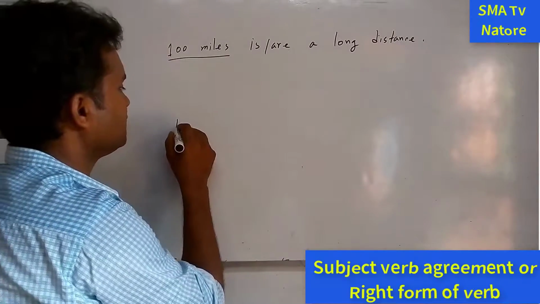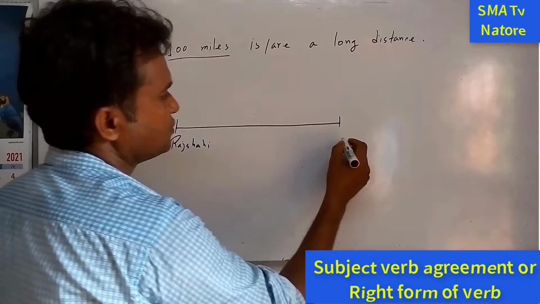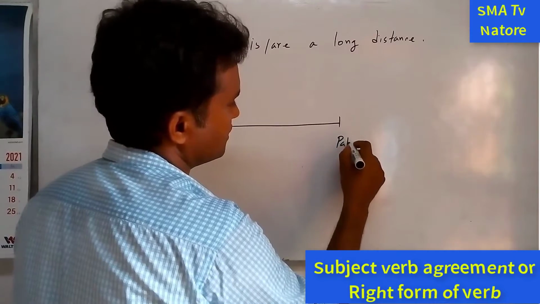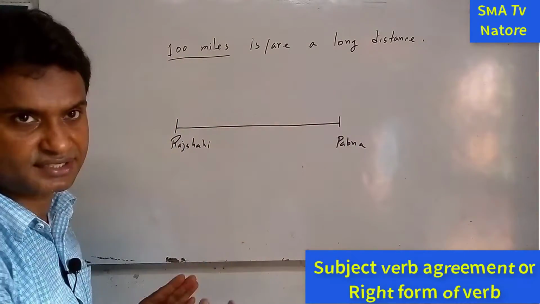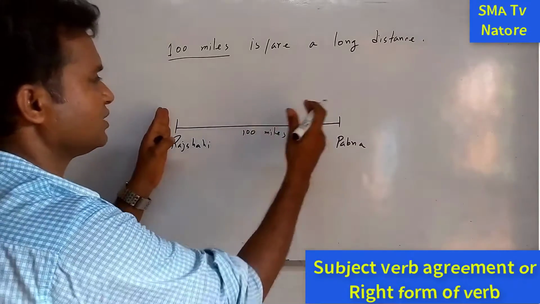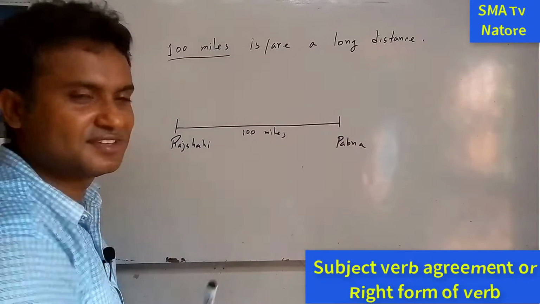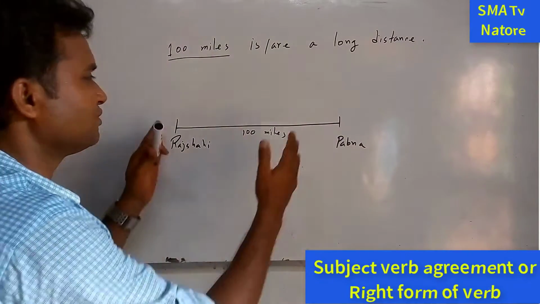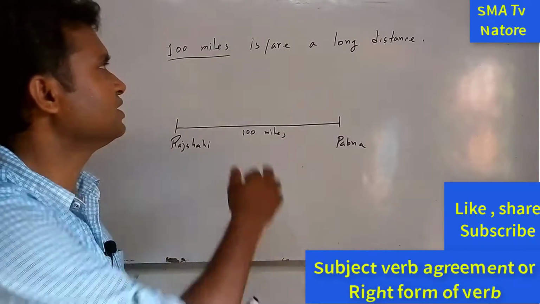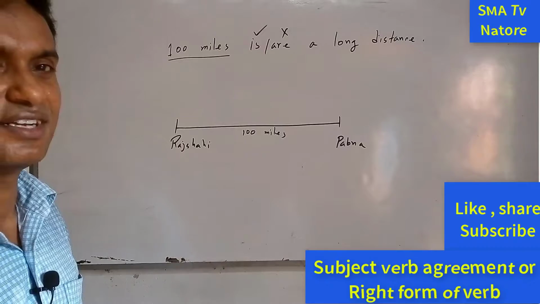No. For example, from here to there, from Rajshahi to Patna, so long a distance, the distance is 100 miles. Look, from here to there, how many pieces? One piece of distance. From here to there there is no breaking of something. For this reason this is called subject third person singular. So I hope you can use is. Am I right? Yes, it is correct. Are is not used here. I hope you can understand it.